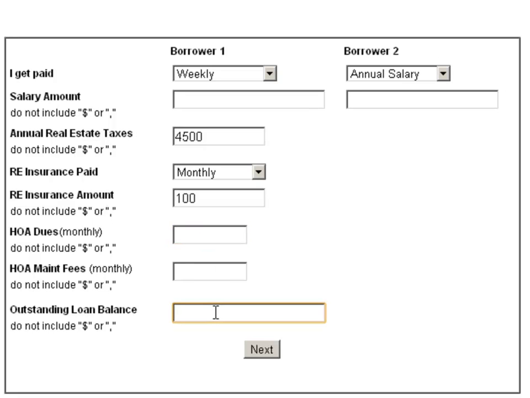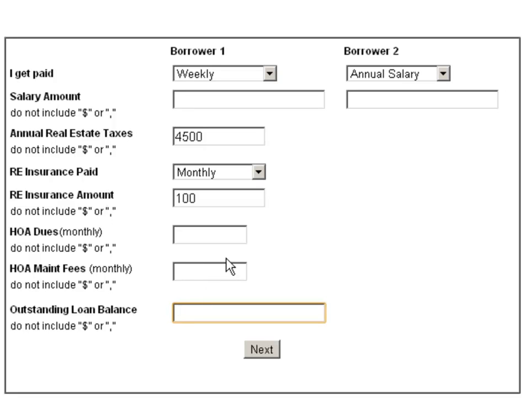Okay. And for the outstanding loan balance, what you want to do is include your missed or outstanding principal amount, any missed interest payments, any escrow payments that you may have missed. So if you're 3 months behind, and you usually include escrow payments for insurance and taxes, then you want to include that as well.